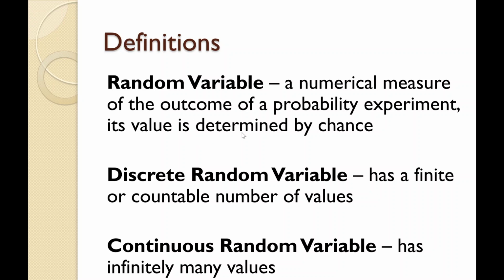Its value is determined by chance, obviously. A discrete random variable has a finite or countable number of values. A continuous random variable has infinitely many values. So you might make the argument that the number of people walking into a store could be continuous.